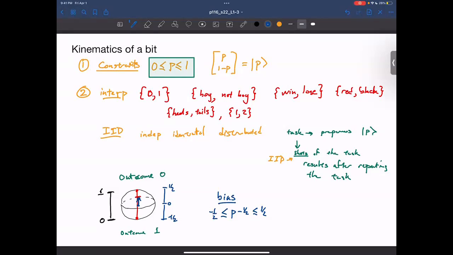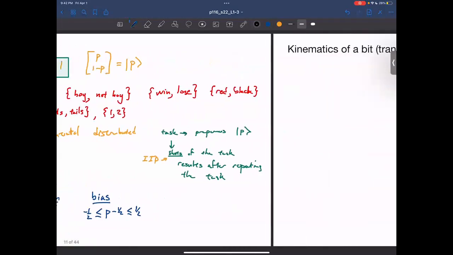That would be that you're completely biased against 0 and all the outcomes are coming out 1 and you don't see any outcomes 0. Okay, so it's a couple different ways of thinking about this. This would be the bias. And then in black, it's the probability. That'll be important to think about as we move forward.